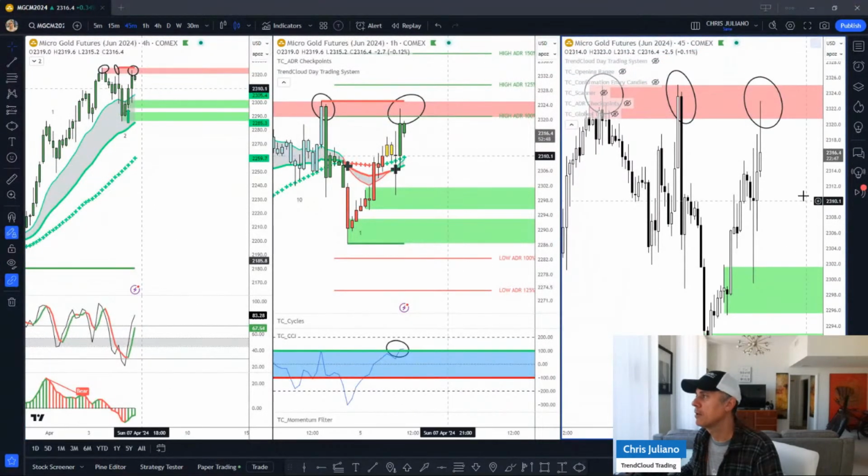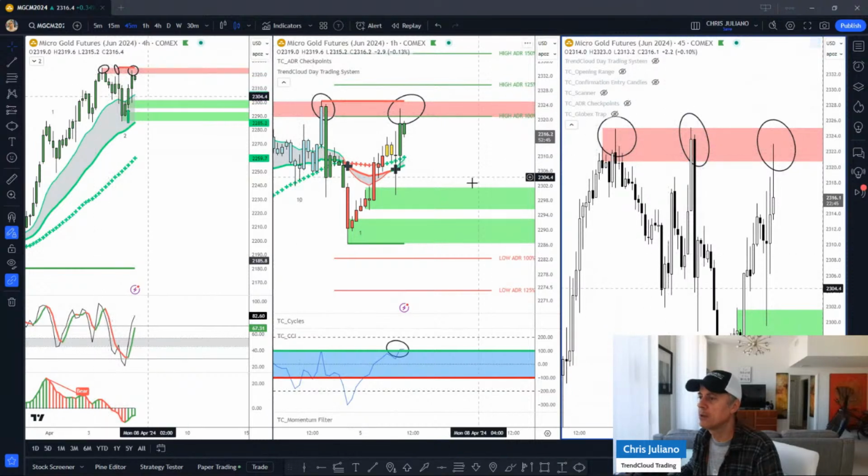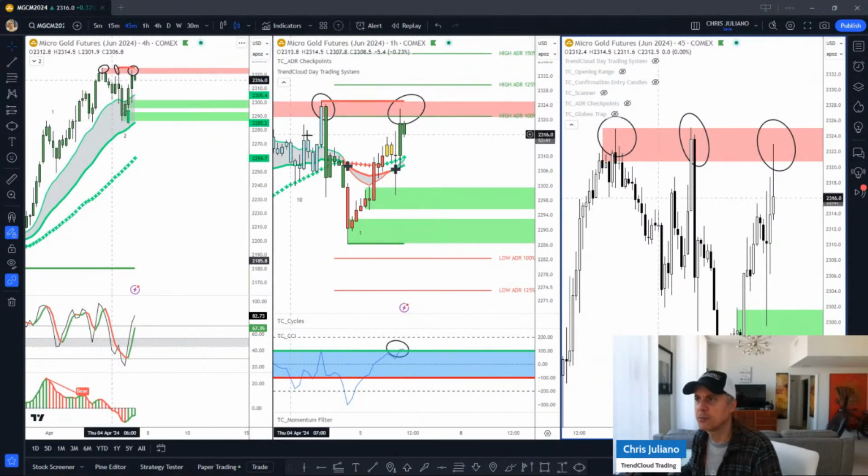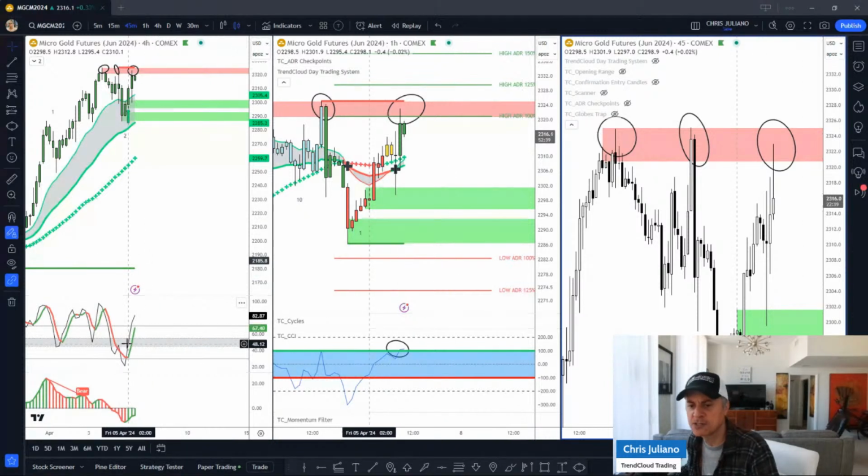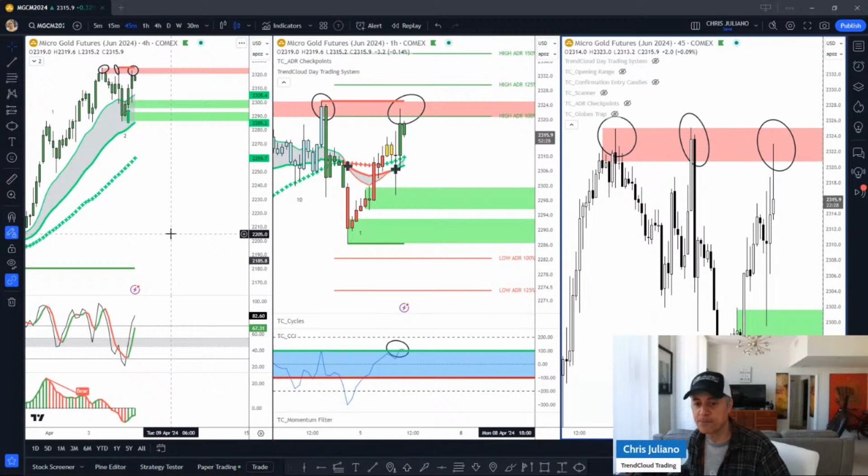This could be a triple top, but we're in an uptrend on multiple time frames with momentum on our side. We have trend and momentum across multiple time frames, cycling up on the highest time frame as well, right? It's a lot of information to the upside.